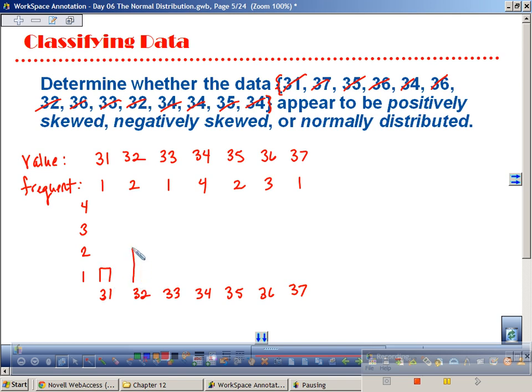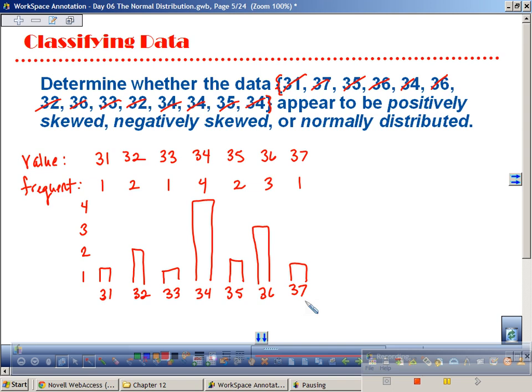So there's 31, there's 32, there's 33, oops, too big. And 34 goes all the way up. And 35 just goes up 2. And 36 goes up 3. And 37 goes up 1.